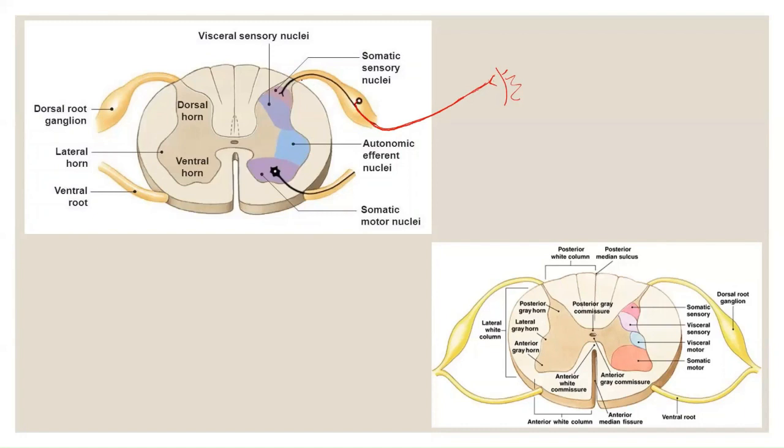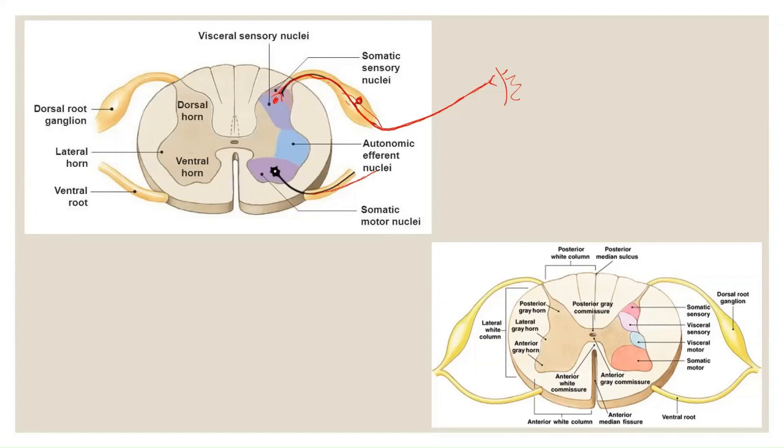So these are the roots, the dorsal or the posterior root and the anterior or the ventral root. In the dorsal root, you have a small swelling called the dorsal root ganglion. Here you have the cell body of the first nerve. It gives off the axon to the dorsal horn like this.